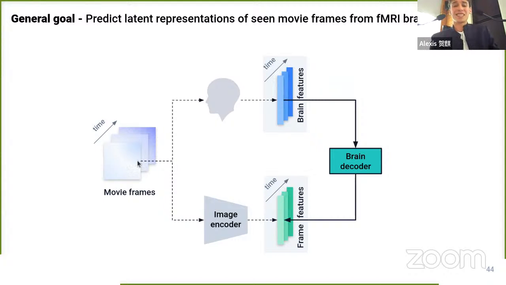The way we do this is we take the movie and have it go through an AI called an image encoder. The image encoder gives us a hopefully useful representation of the information contained in the movie. Then we train an algorithm that is given brain data and tries to output latent representations of the movie.